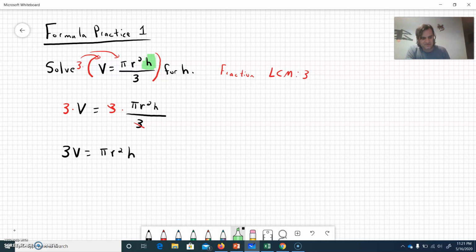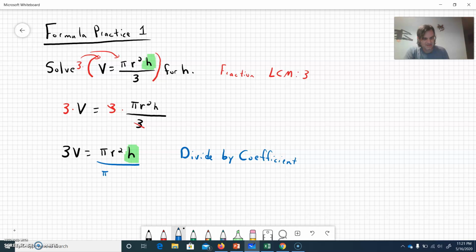And let me reinforce that h is the variable, and there's nothing added or subtracted to it or dividing it, and there's no parentheses. So the next thing you have to do is just the last step, which is divide by the coefficient. So remember, when you're working with formulas, coefficients may be variables.